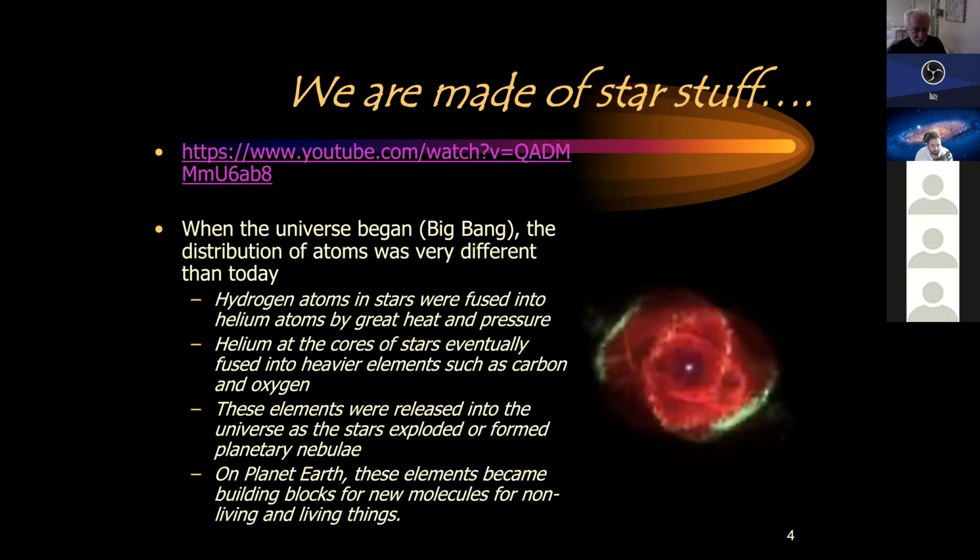Now, these elements were released into the universe, and here on planet Earth, when it finally became a planet, these elements became the building blocks for new molecules for both living and non-living things.